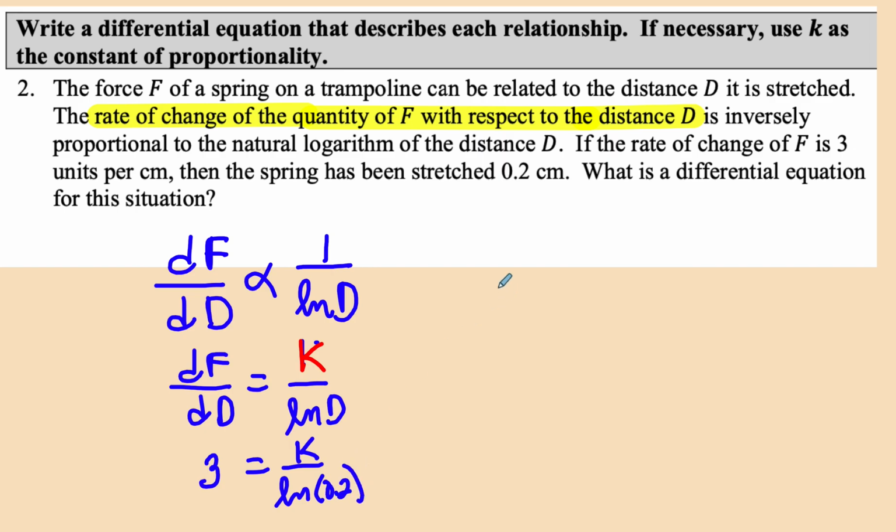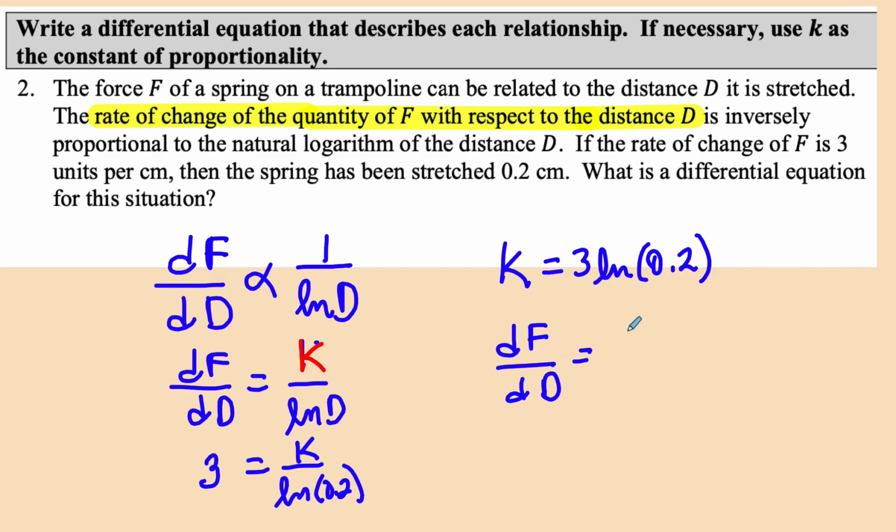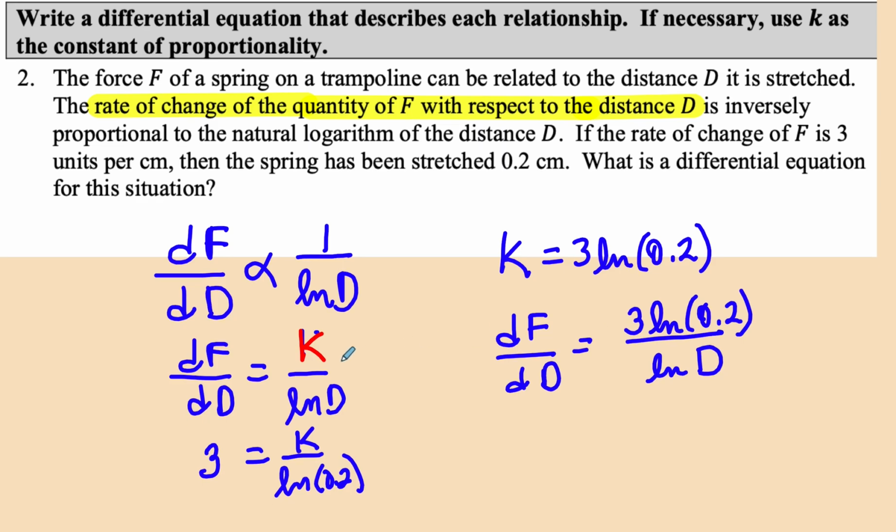So when we solve for k, k will be equal to 3 natural log of 0.2, and now we can write the differential equation without the k in it because now we know what k is. And so this will be 3 natural log of 0.2 all over natural log of d. So that's our differential equation with the k being found.